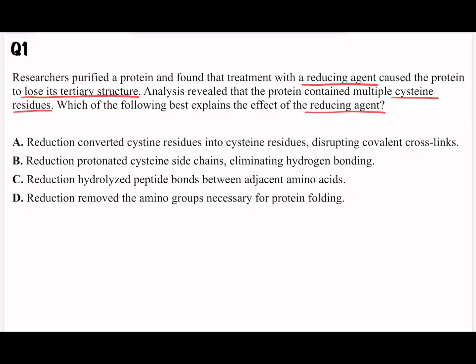And so what this question is really testing, and what jumps out to me right off the bat, is that it has to do with cysteine residues, it has to do with reduction, and it has to do with the protein losing its structure. So that means some sort of bond is being broken. So we're thinking about cysteines, we're thinking about reduction, and we're thinking about losing bonds. And that's what we've really taken from this paragraph.